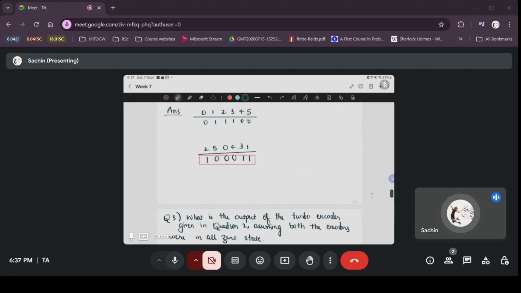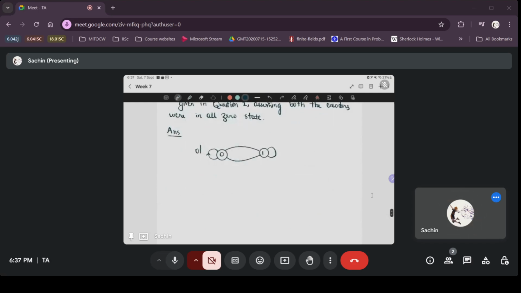So that would mean in our state diagram, the output from state 0, if your input bit was 0, is 0, 0. If your input bit was 1, then it would be 1, 1. Similarly, in state 1, if your input was 0, it would stay in state 1, because your next state is the sum of your current state and your input.